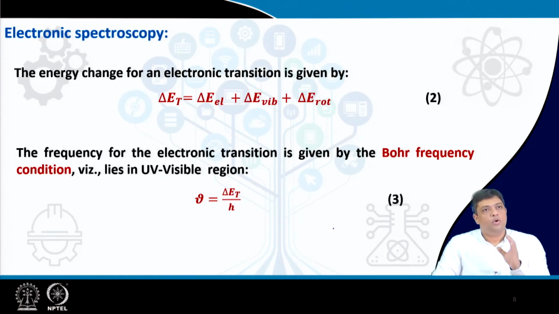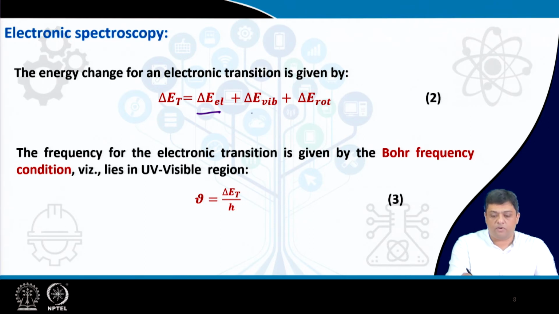And electronic spectroscopy can therefore be written in terms of the change in the energy when there is an electronic transition, and this change delta T is equal to the change in electronic level, vibrational level, or energy of the rotational level.